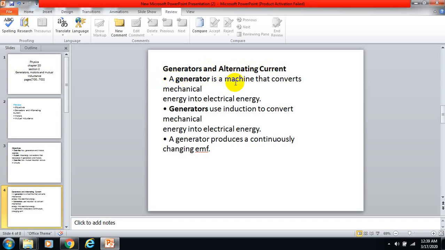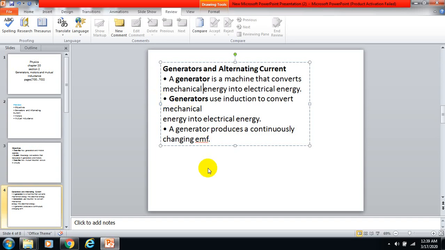A generator is a machine that converts mechanical energy into electrical energy. Mechanical energy is a type of energy which comes through handmade things. Got the idea? Into electrical energy.